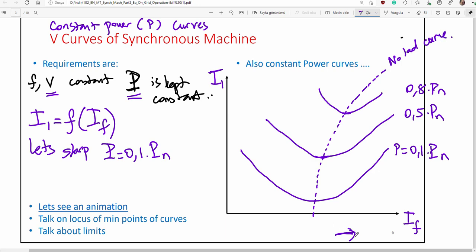If you excite more in generator mode, that means the generator is operated as an inductive generator or lagging current generator. At the midpoints, the machine is operated as pure ohmic, I mean power factor is unity.